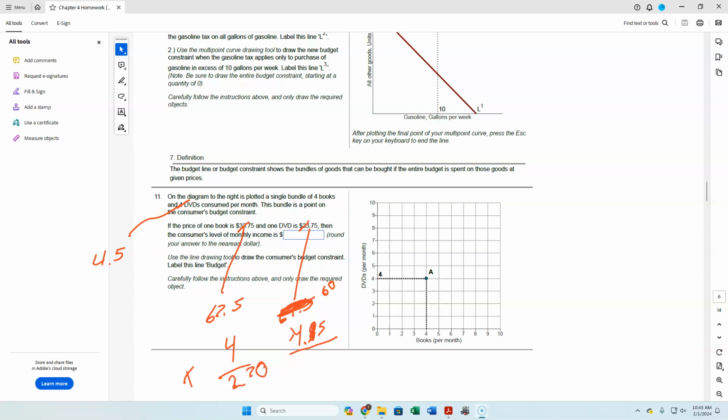And then 60 times 4.5 is also going to give me 270. 270 plus 270 is going to be 540. That's my total. So essentially what you do for number 11 is you multiply your bundles by the prices of the two goods and then add those two together.